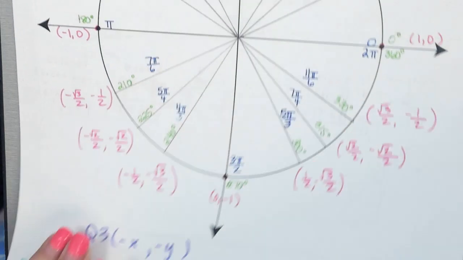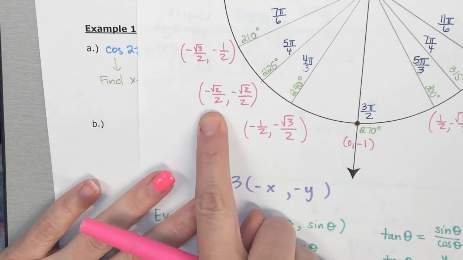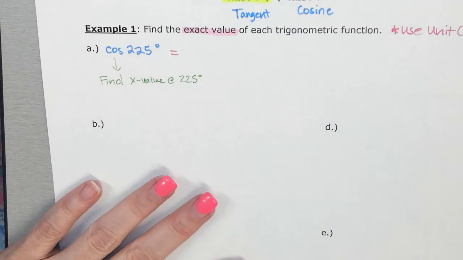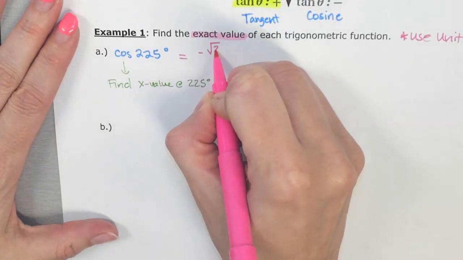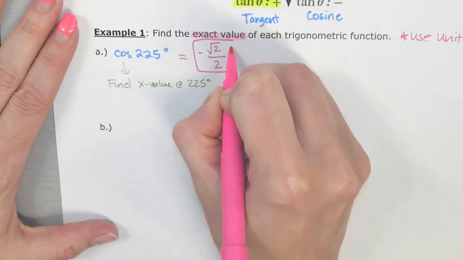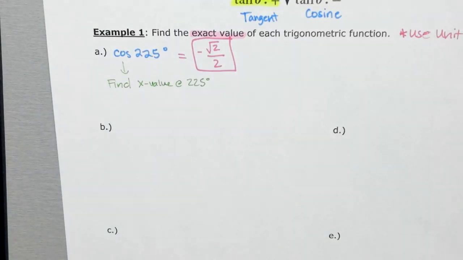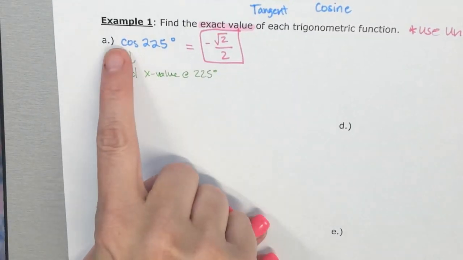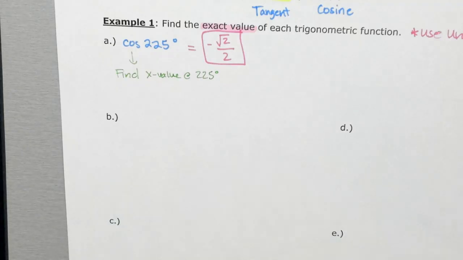At 225, negative root 2 over 2 is your x value. That is your final answer. If it's cosine, you are looking only for x. Yep.